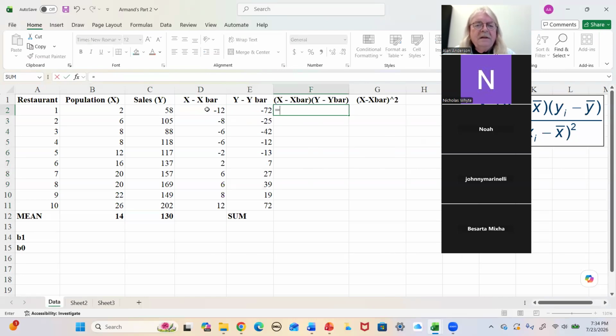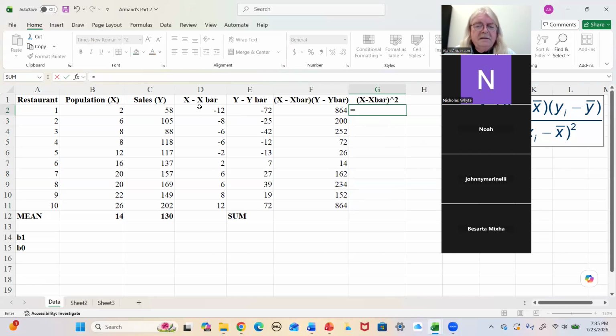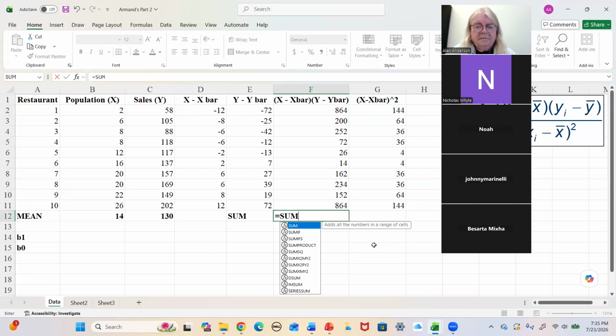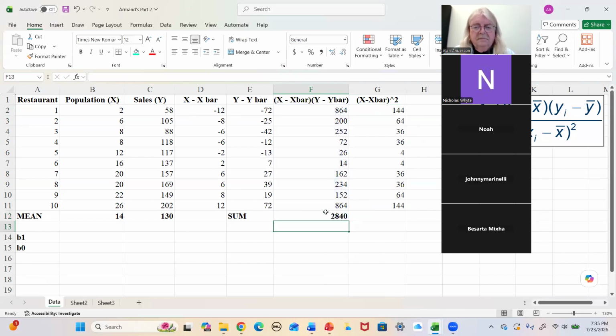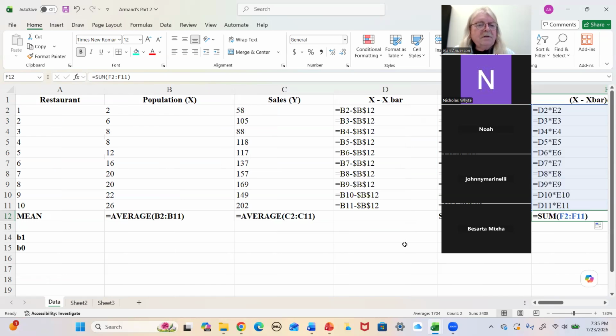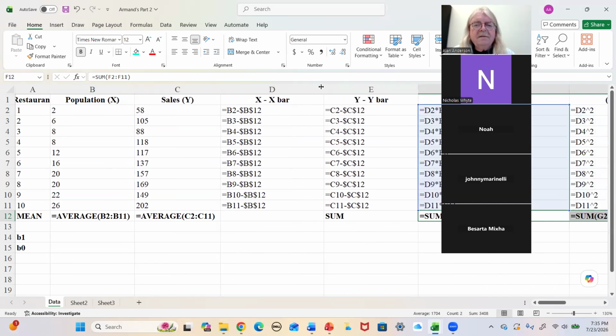Now here we're just literally multiplying columns D and E. Here you're just squaring column D. All right, so I'm going to do the control tilde thing that lets you see everything at once, just in case you missed one of these.